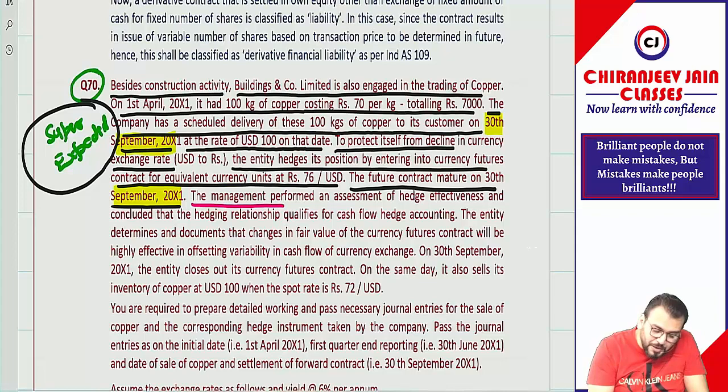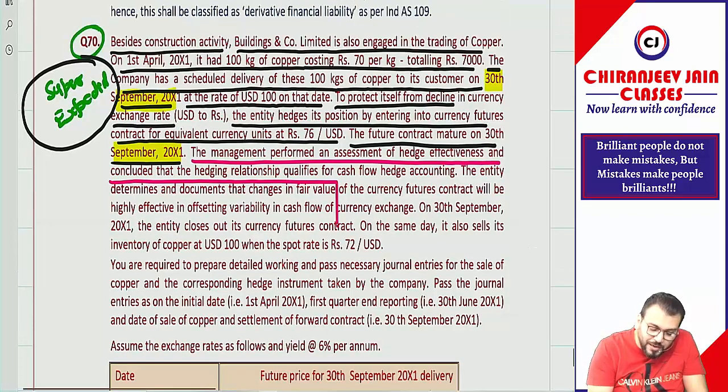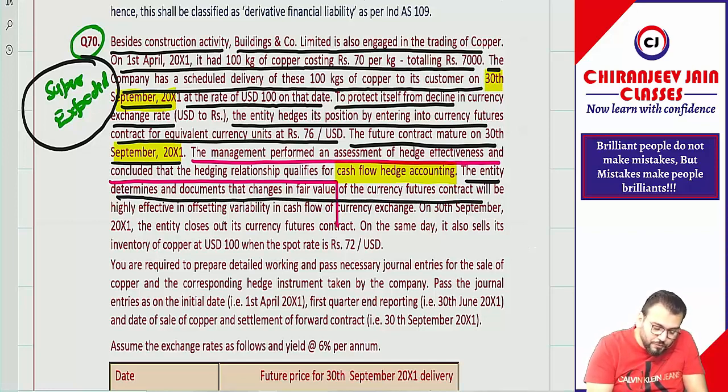The management performed an assessment of hedge effectiveness and concluded that the hedging relationship qualifies for cash flow hedge. So it is given cash flow hedge accounting. The entity determines and documents that the changes in fair value of the currency future contract will be highly effective in offsetting variability in cash flow of currency exchange.